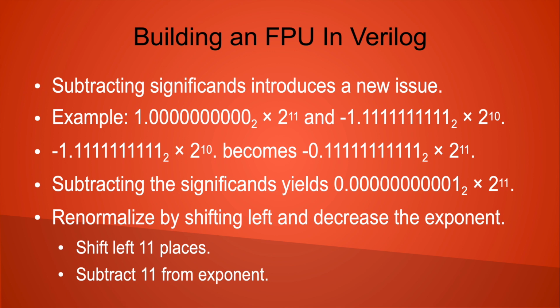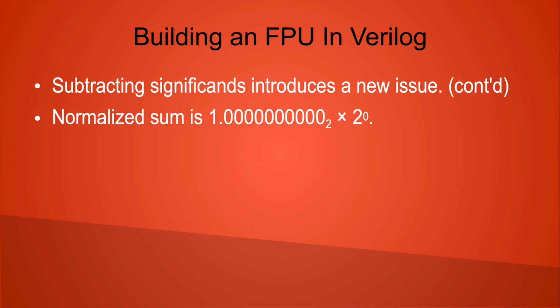In order to get the most significant 1 bit of the sum to the left of the binary point, we need to shift the significand left 11 places. Because we need to shift the significand left 11 places, we subtract 11 from the exponent. The final result is 1 point followed by 10 zeros times 2 to the 0th power.